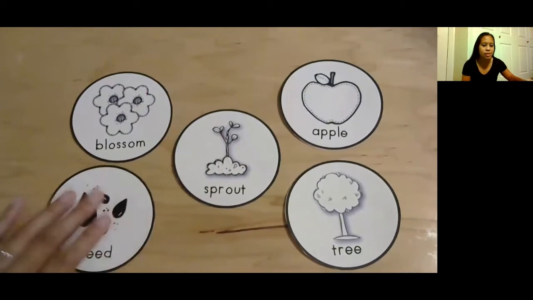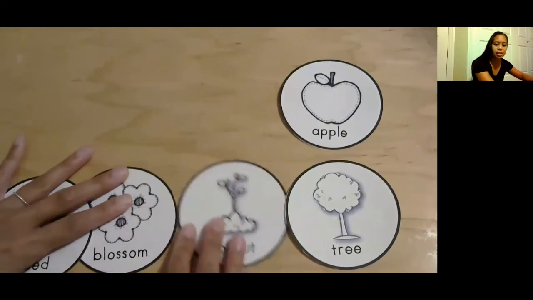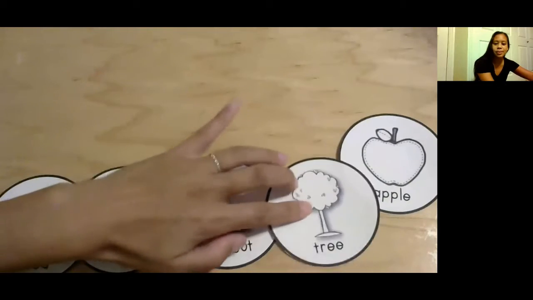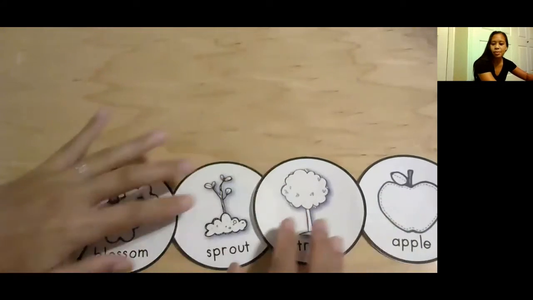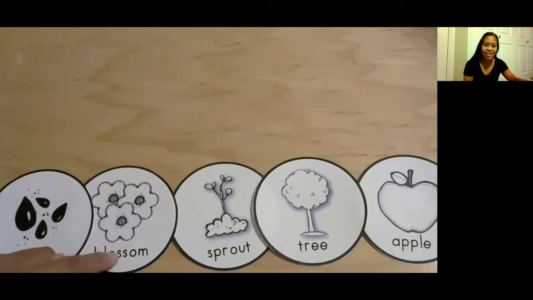So I'm going to move all these to the bottom so that we get a chance to think about all of these pieces here. Okay, so there's my apple. Okay, ready? So we have the seed. This is called a seed. We have something called the blossom, flowers, right?